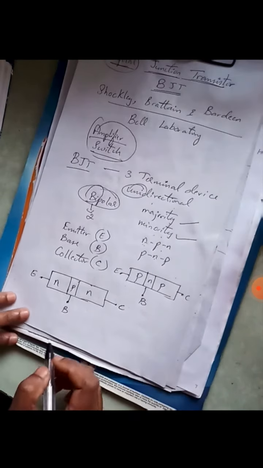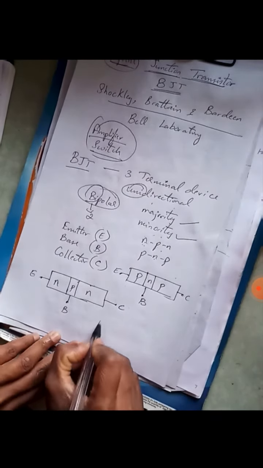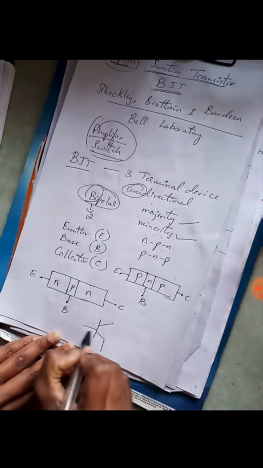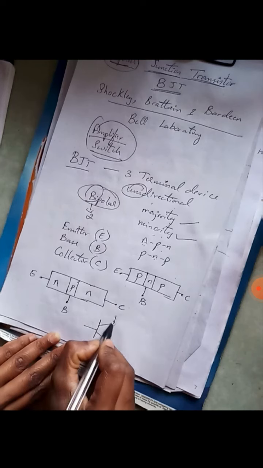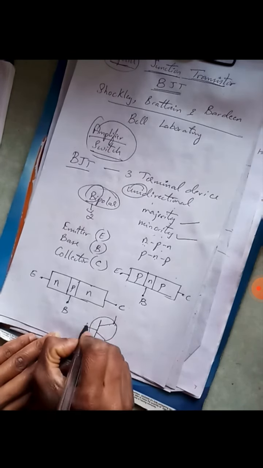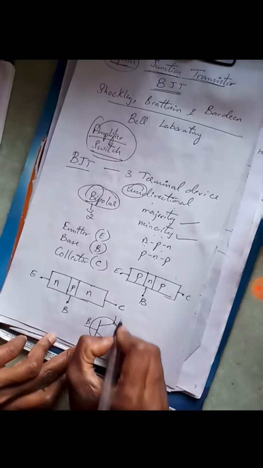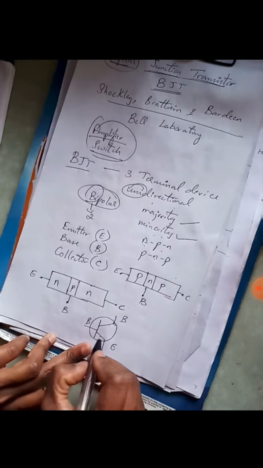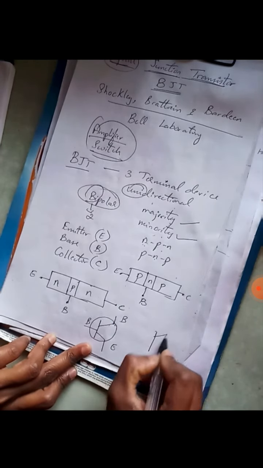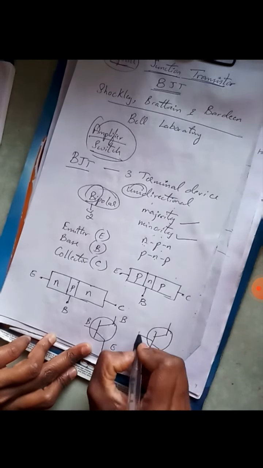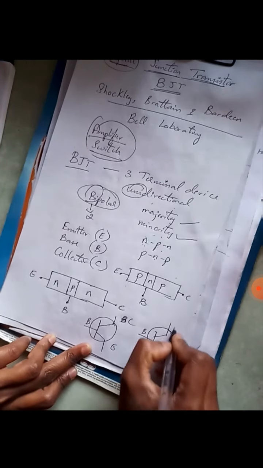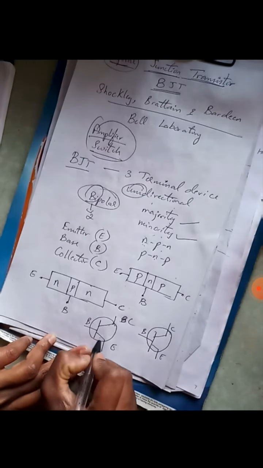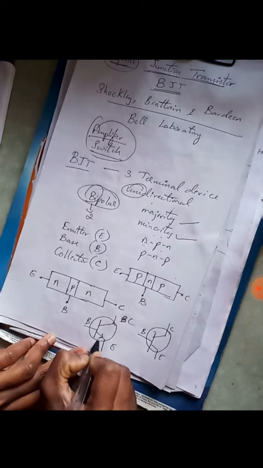The symbolic representations of these transistors are like this. We draw a circle here. This is the base terminal, this is the emitter terminal and this is the collector terminal. But to decide which is NPN and which is PNP, we put an arrow mark on the emitter line.